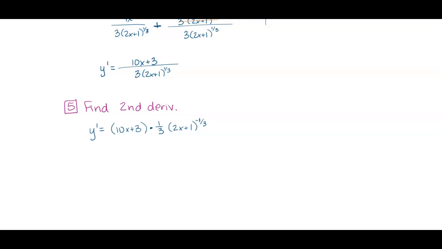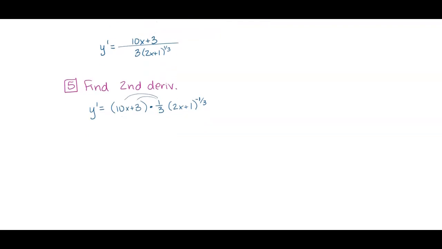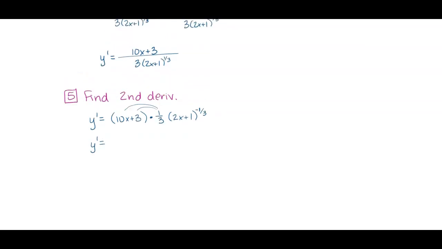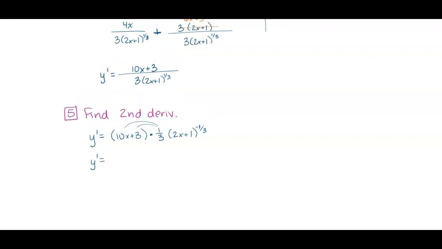I think what I want to do is distribute this 1/3 in here. So I'm going to rewrite the first derivative. You could also just think of it like this. We took this 1/3 and used it to reduce the 10 and then reduce the 3 right there.